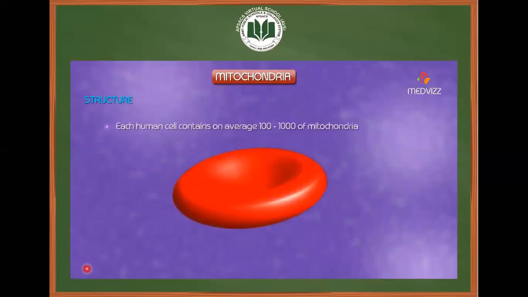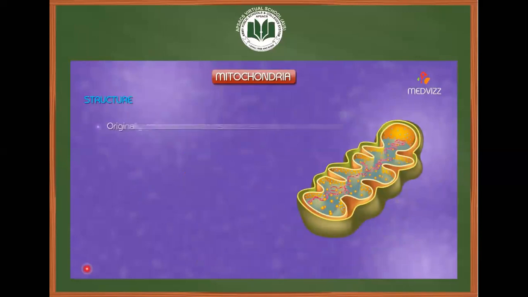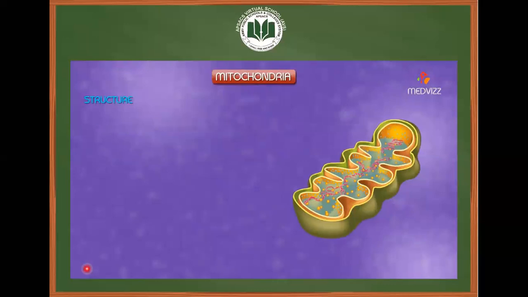Each human cell contains on average hundreds to thousands of mitochondria. The exception is mature red blood cells, which rely exclusively on anaerobic metabolism and contain no mitochondria. Although mitochondria were originally represented as individual isolated organelles, it is now recognized that mitochondria form a dynamic connected network, also called a reticulum or syncytium.